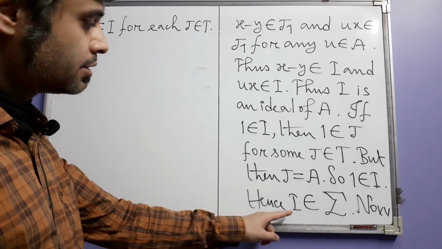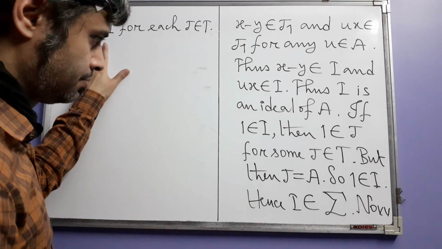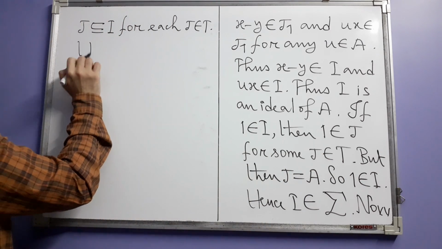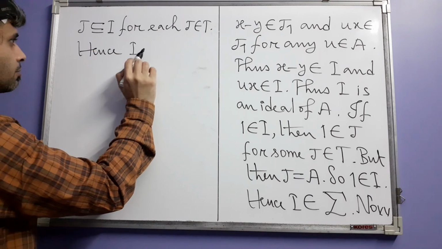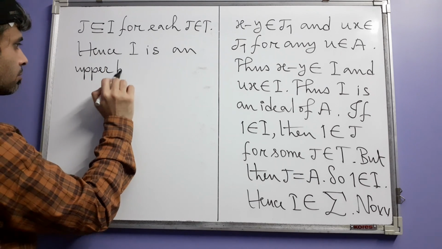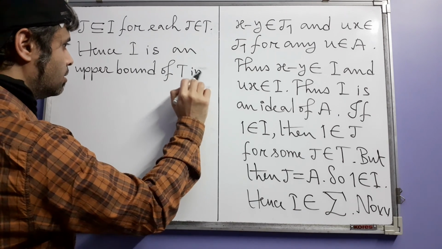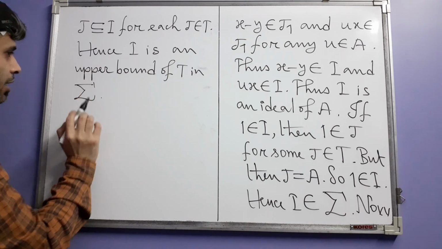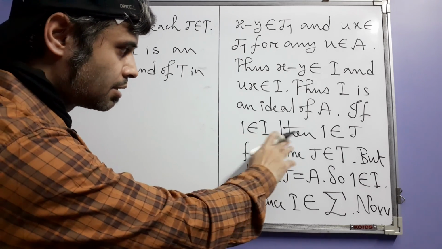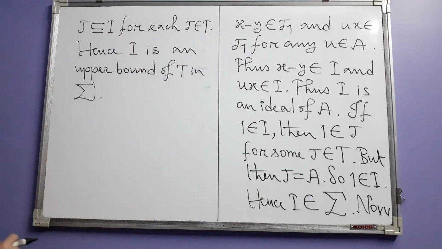It tells us that this element I in sigma is an upper bound for the chain T. Hence, an upper bound of T in sigma. The upper bound has to belong to the partially ordered set. So that's why simply having I as an ideal is not enough. We want it to be a proper ideal.